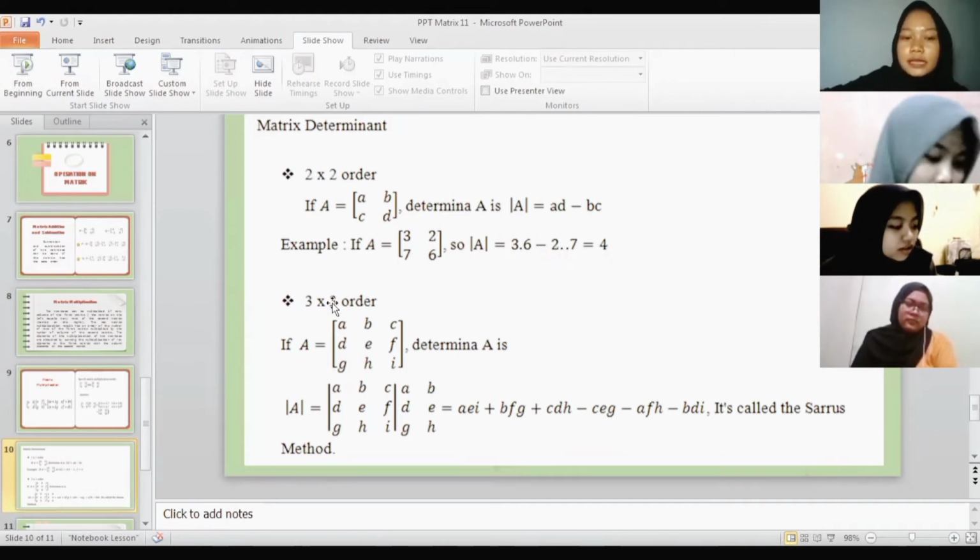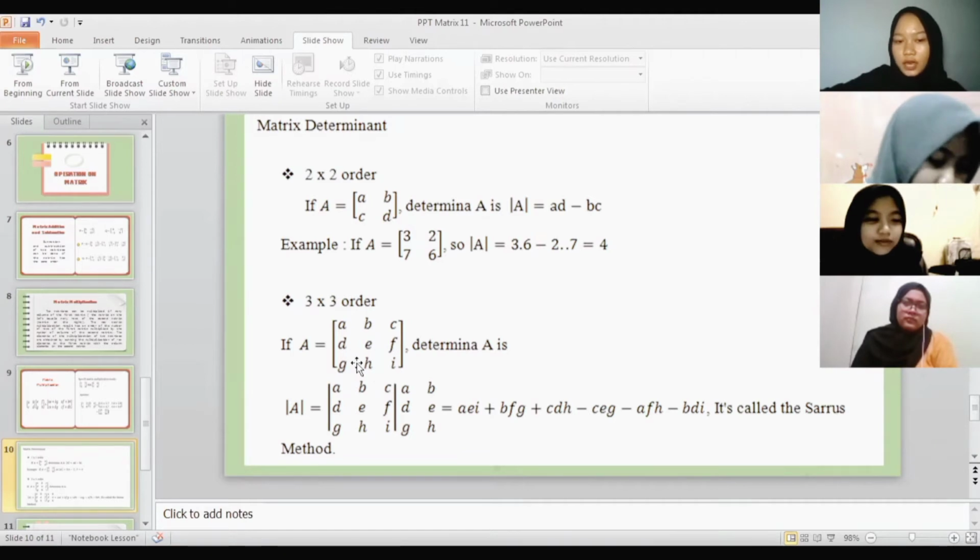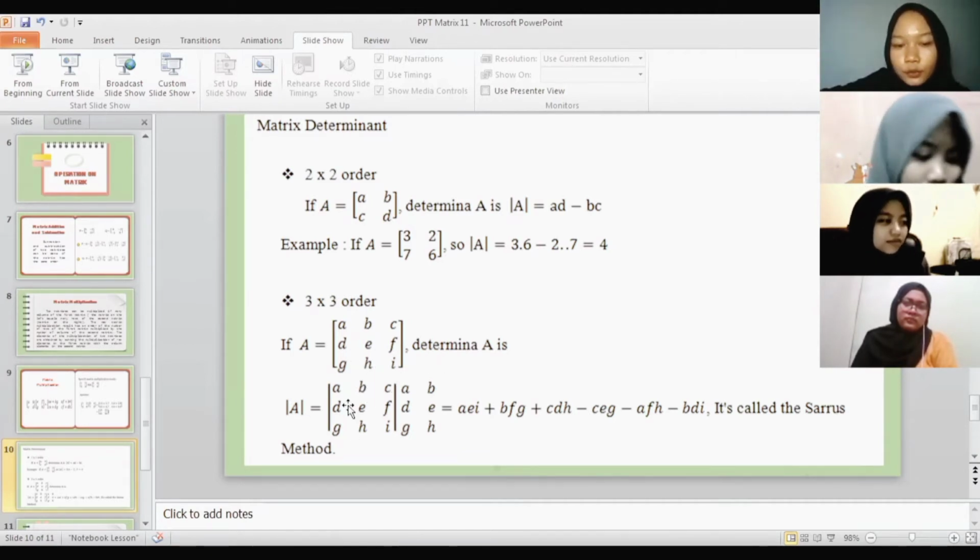And the second type is order 3 times 3. If matrix A is A, B, C, D, E, F, G, H, I, the determinant of A is: we write out the matrix first and rewrite the first and second columns to the right side.